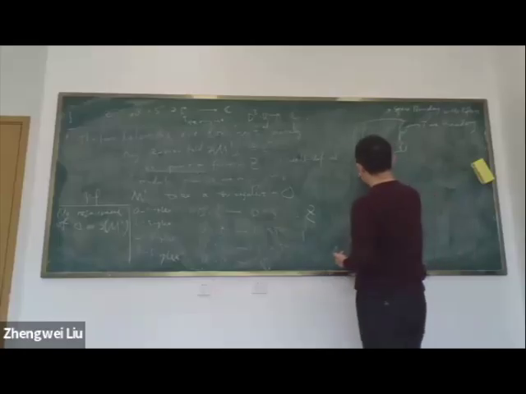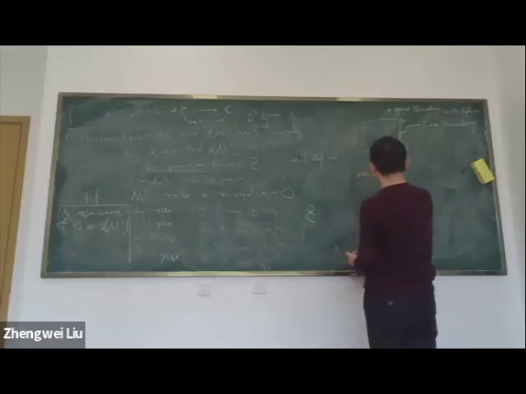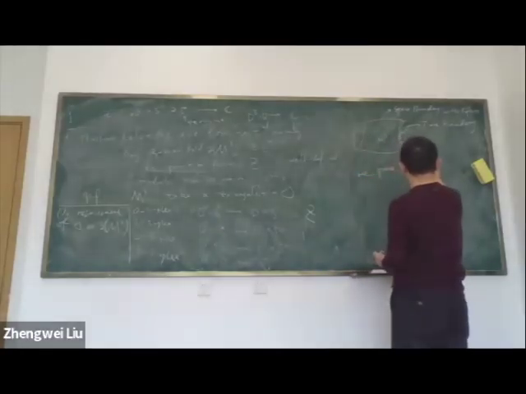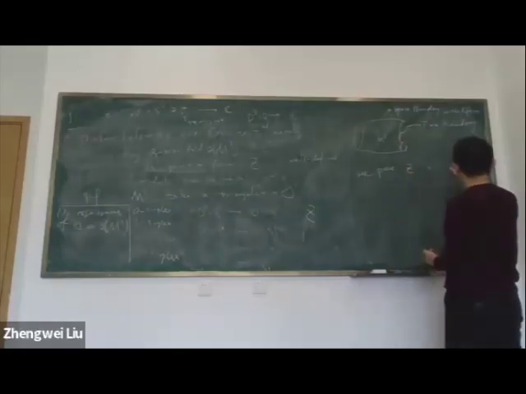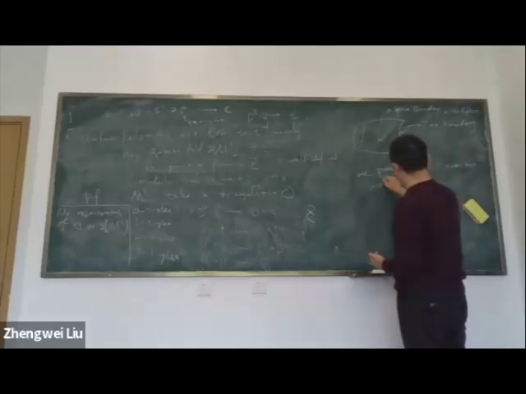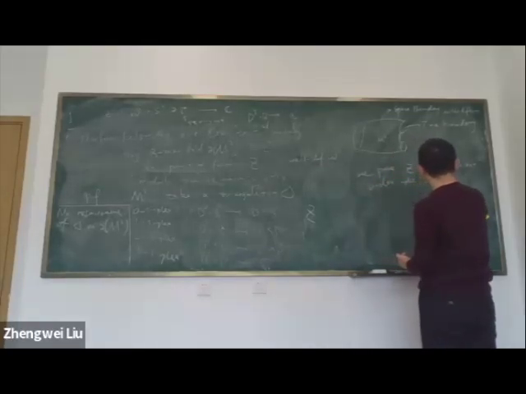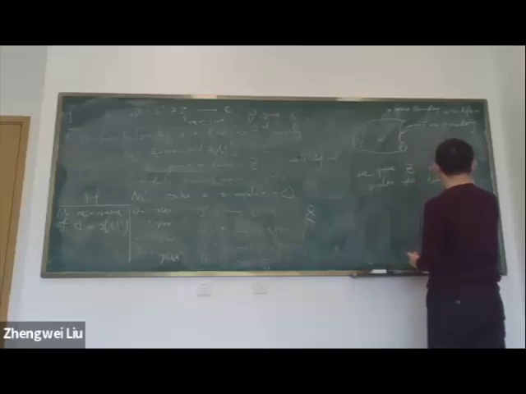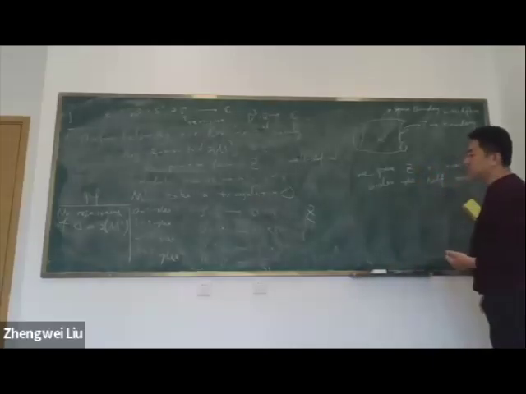So we prove that Z is invariant under the so-called half move. What's the meaning of that?